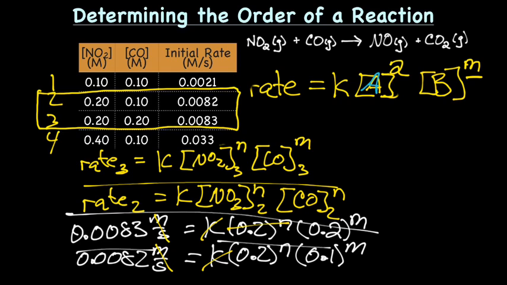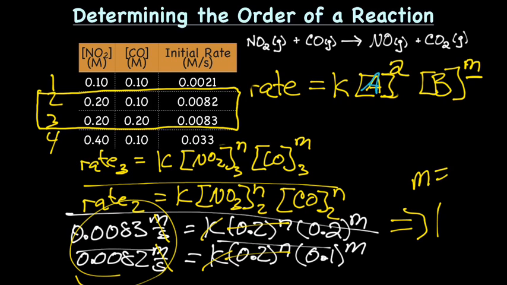Now all we have to do is plug and chug. When I divide the rates on the left-hand side, you will notice that the ratio ends up being about 1, which means there is no change in the rate, which means CO concentration does not affect the rate, which means our M equals 0.